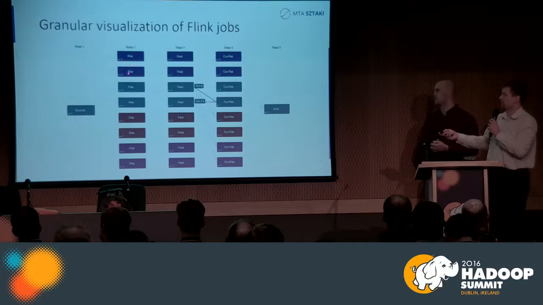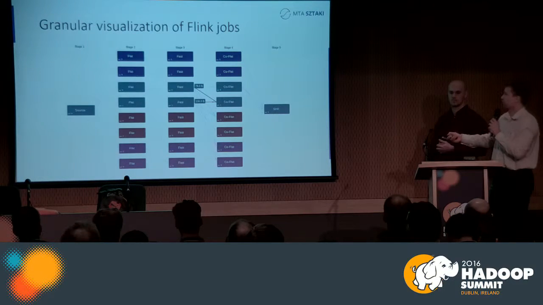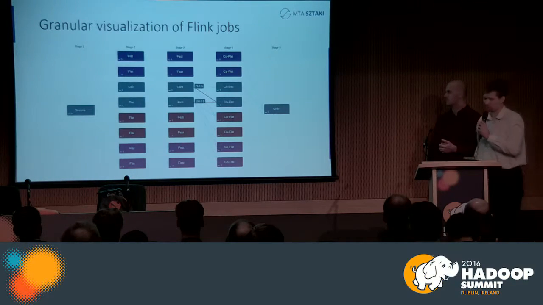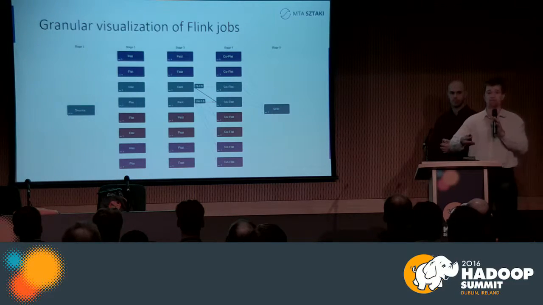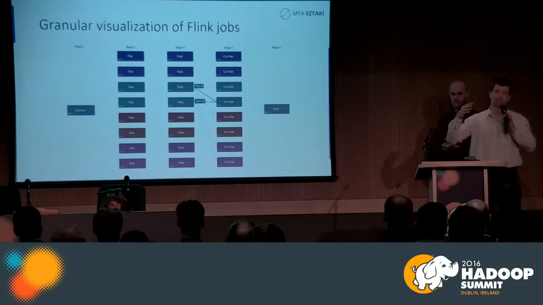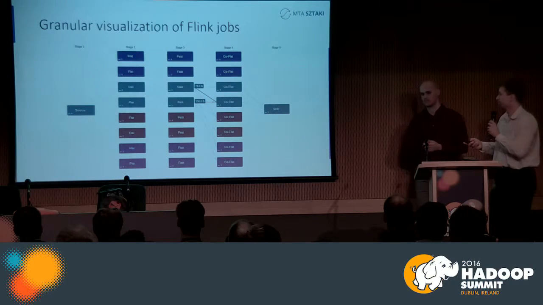Each machine was running 2 instances of the operators, and I think this is a word count type of program which has a windowing component in the middle. But practically the point is that we were able to make the visualization pluggable and make it run not just on Spark, but also on Flink.